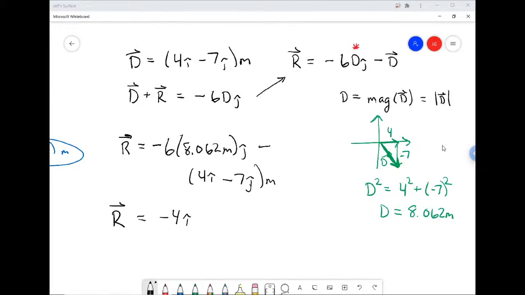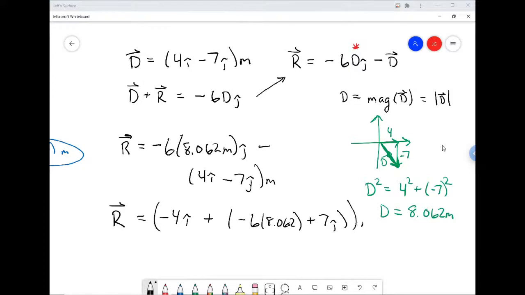And then for the j hat component, we're going to have to add the 6 times 8.62 and minus minus, so that would be plus 7 j hat.